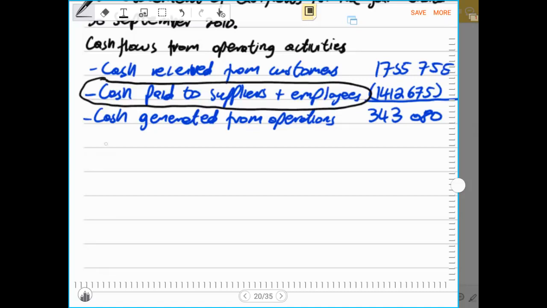So now we have interest paid, we have interest received, the second one.